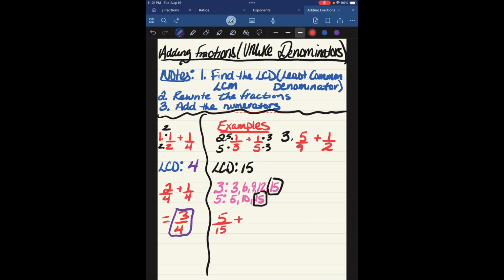Plus, keep the plus sign, 1 times 3 equals 3, and 5 times 3 is 15. So now we're going to keep the 15 and put an equal sign right there. And 5 plus 3 equals 8. So that's our answer for number 2: 8/15.